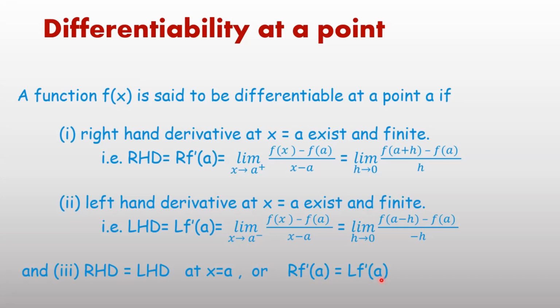When the left hand derivative and right hand derivative both exist and are equal to each other, then we can say the function is differentiable at that point. It means at that point we can find the slope of the tangent of the curve.